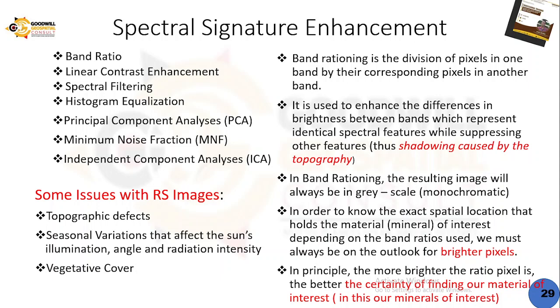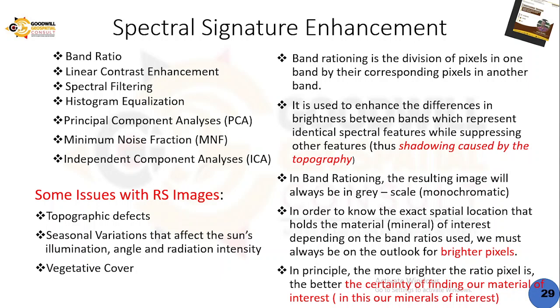We have the linear contrast enhancement, the spectral filtering, histogram quantization or equalization, the principal component analysis, the MNF, that's the minimum noise fraction, then the independent component analysis, that's the ICA. Now band ratioing is just the division of pixels in one band by their corresponding pixels in another band.